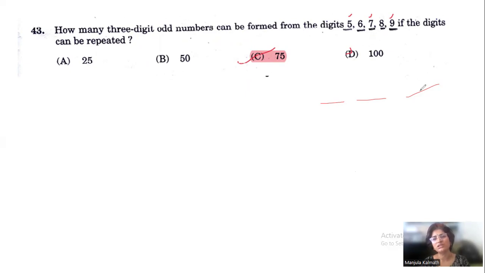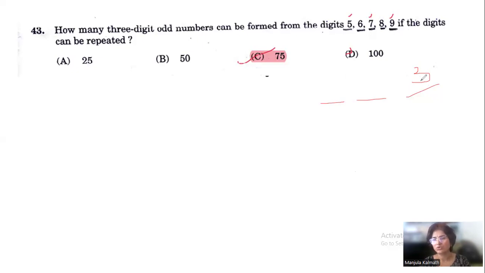So here in the last digit, how many possibilities are there? Either 5 or 7 or 9: 1, 2, 3. So in this position, I'll take 3 digits. 3 digits are possible in the last unit place. Now the remaining are the 10th place as well as the 100th place. In these, repetition is allowed, as given in the problem, the number can be repeated here.